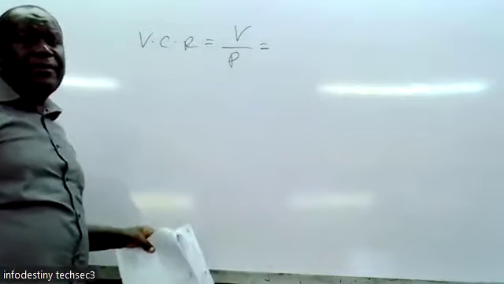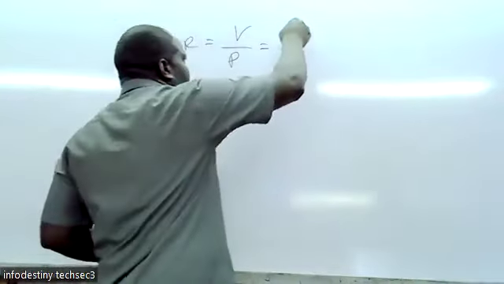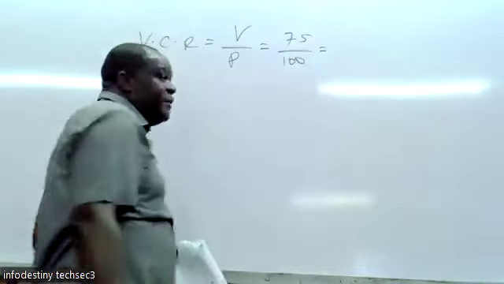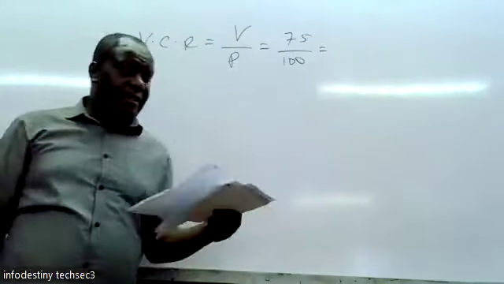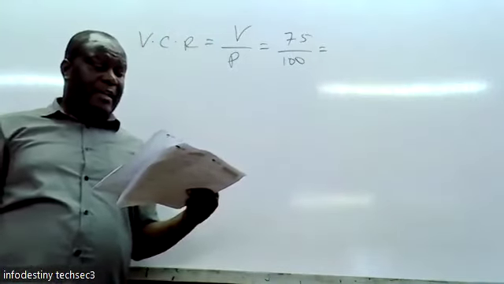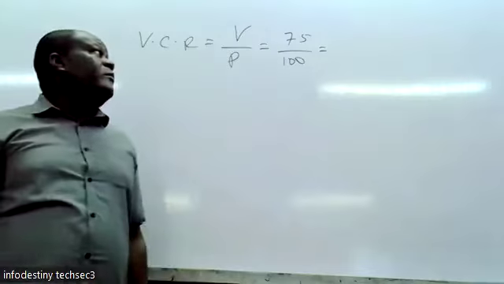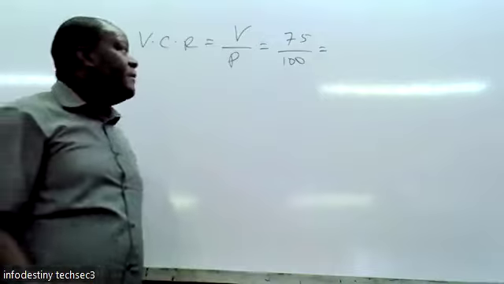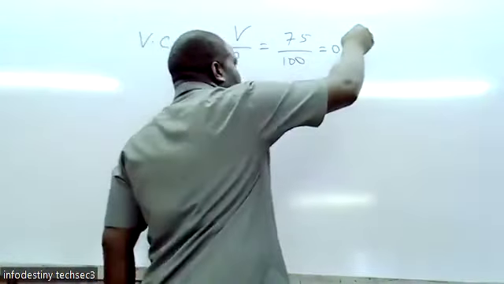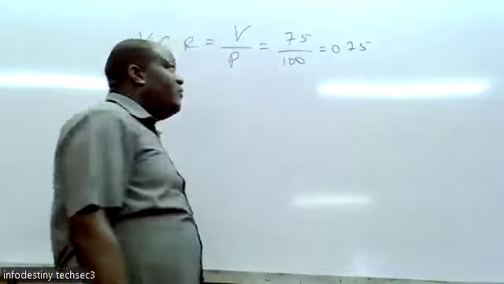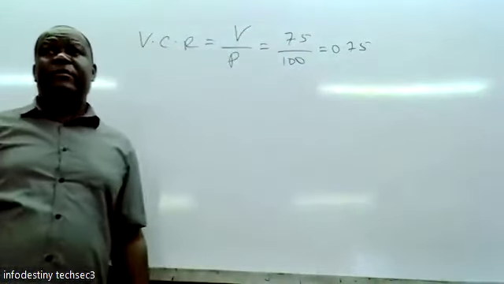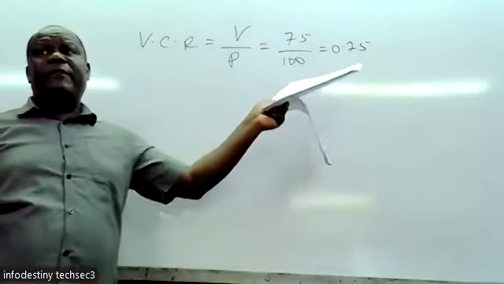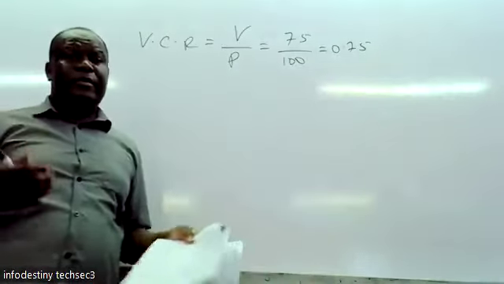They have given you 75 when the sales are 100. So P is the selling price, which is 100, then V is the variable cost per unit, which is 75. So when you divide, you get 0.75. So that is what will be giving us the variable costs. To get the variable cost, you simply get 0.75 of the sales, because that's what it means.